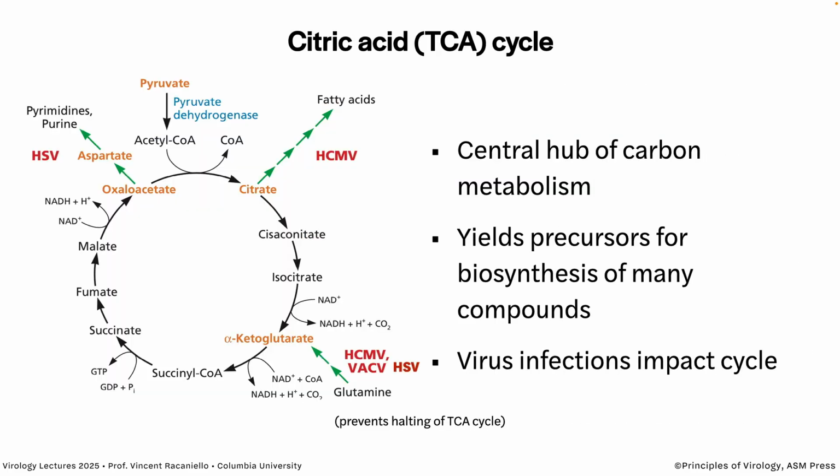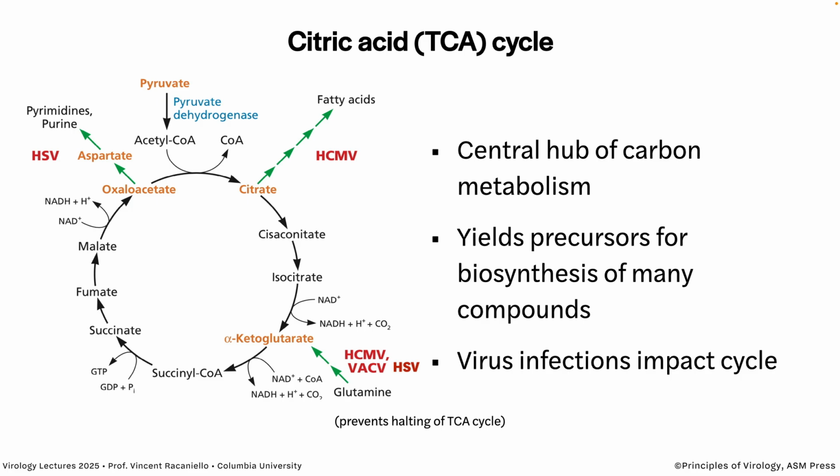HCMV steals that. But it puts back glutamine down here, otherwise the cycle would stop. If it kept pulling out citrate, there'd be no TCA cycle, no energy, and so forth. So HCMV, vaccinia virus, simplex virus, they all do this. HSV does something separate.